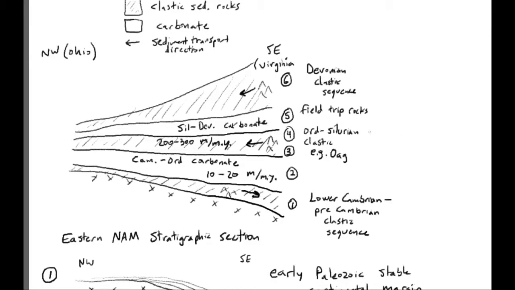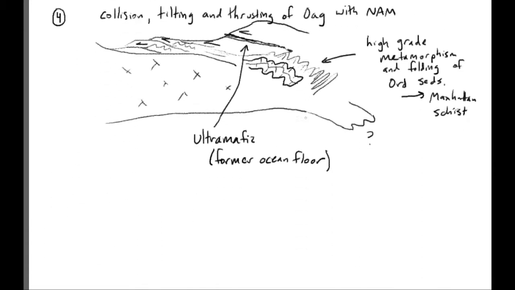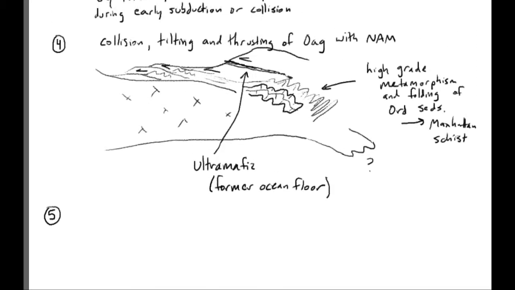Next, we'll move on to 5, which is when the rocks we see on the field trip are going to be deposited, or most of them. We see some of this a little bit, and then most of what we see is this carbonate. So where does that come from? Let's show that next. So actually, let's label this further.